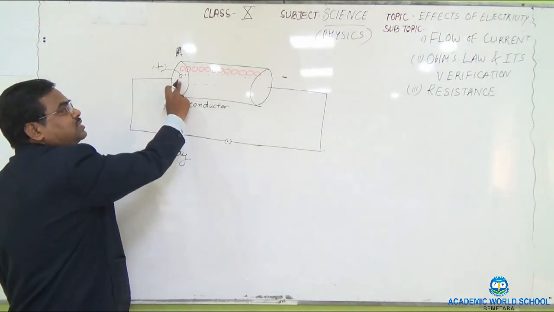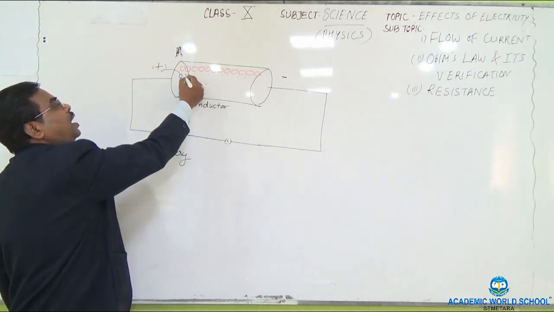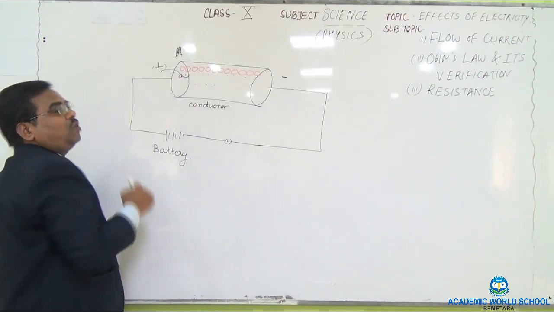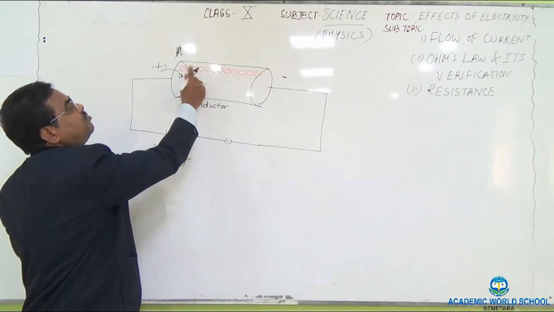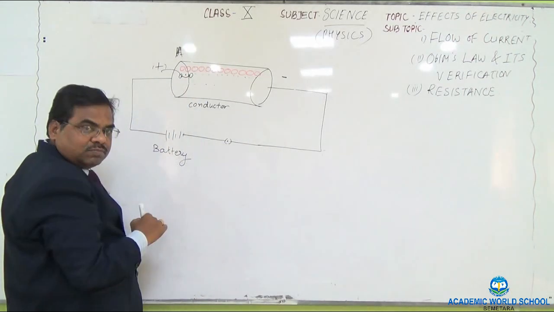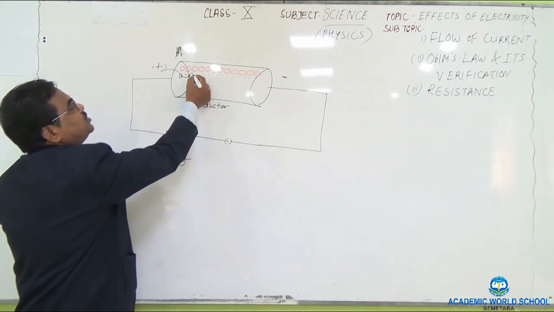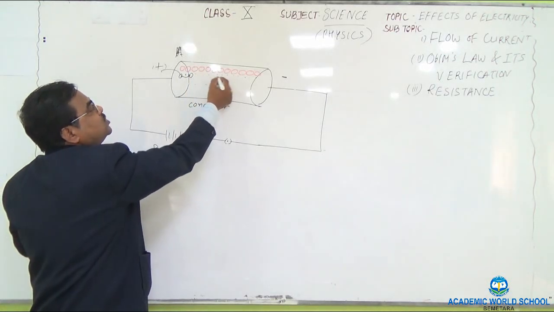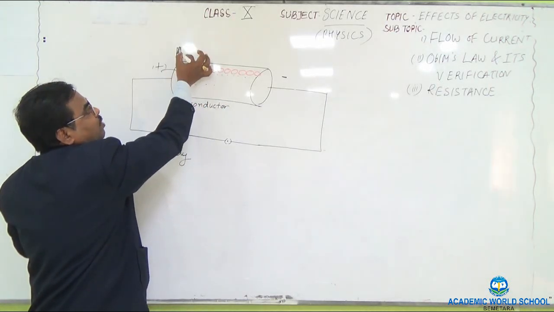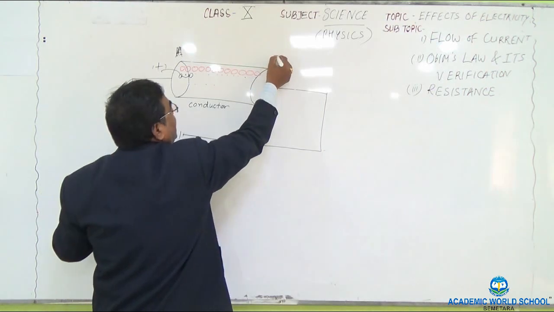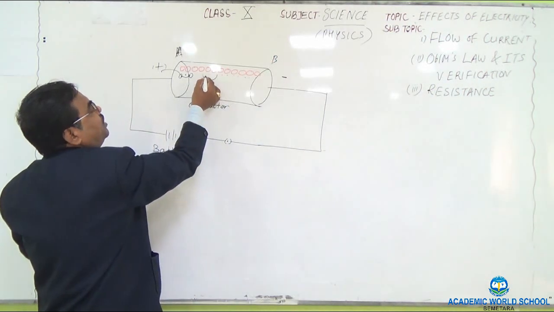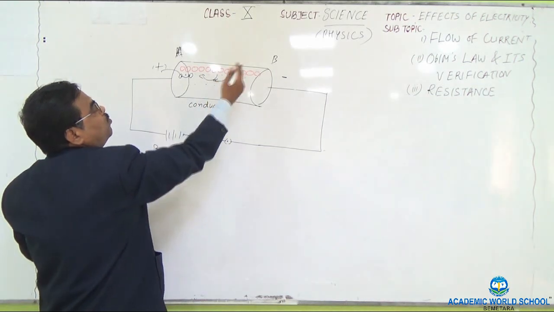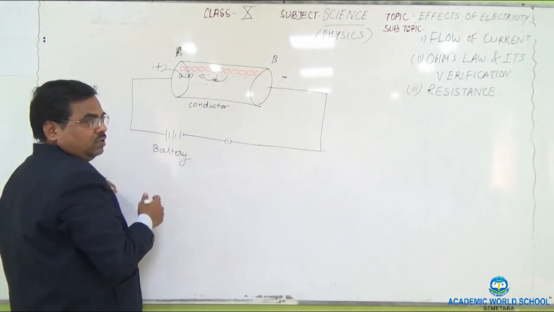Now this vacancy will be filled by another electron from the neighboring atom. So the vacancy will now switch. In this way, the vacancy will go on switching from side A to side B, and electrons will keep on drifting from B to A.